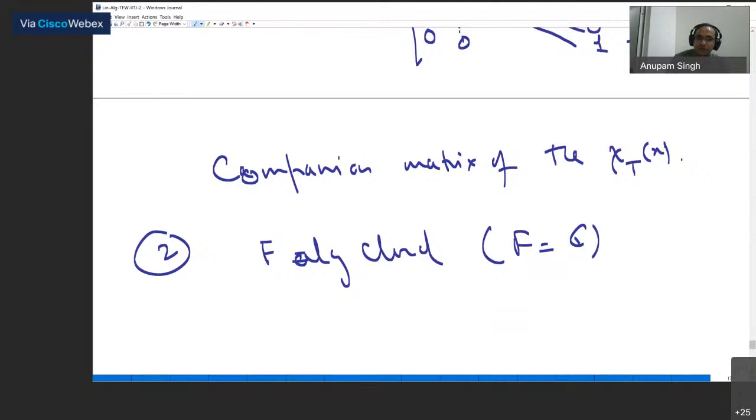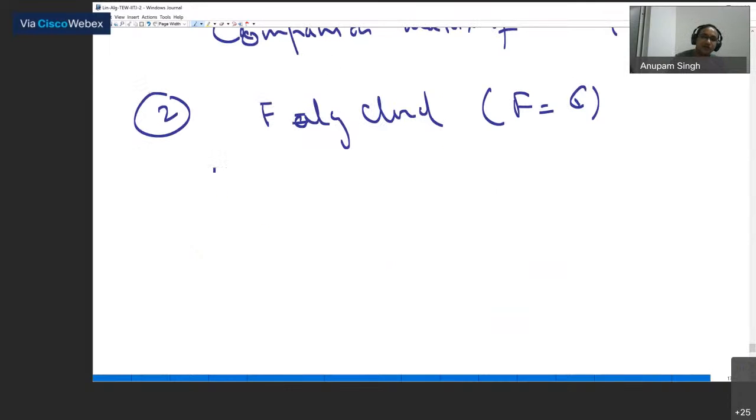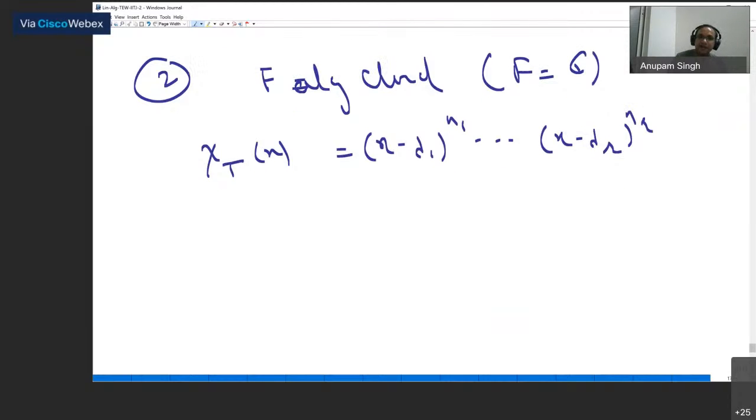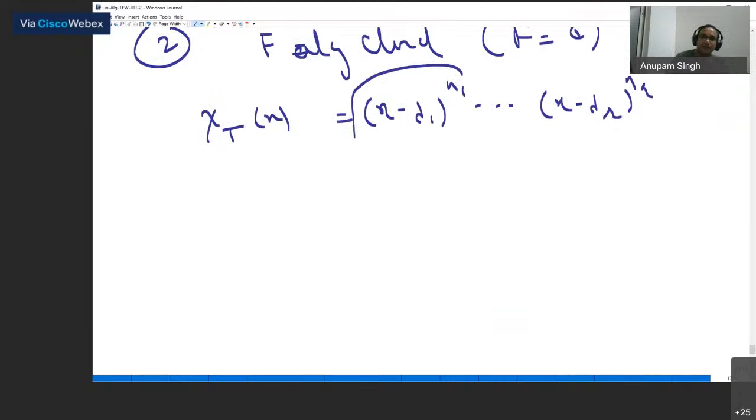So for Jordan canonical form, the characteristic polynomial is supposed to be (x minus lambda 1) to the power n1 and so on, (x minus lambda r) to the power nr. But I can apply primary decomposition and I can look at only one component.